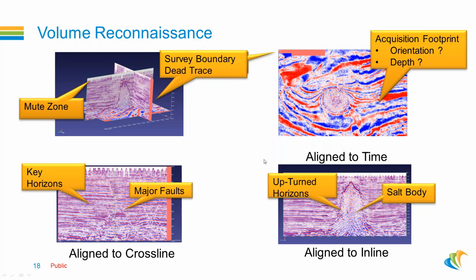Then in our reconnaissance, we can check the data and see where the features are that we want to capture from the data set. Here, we see some important major faults and where the salt body will potentially be. So we are then familiar with the data set.